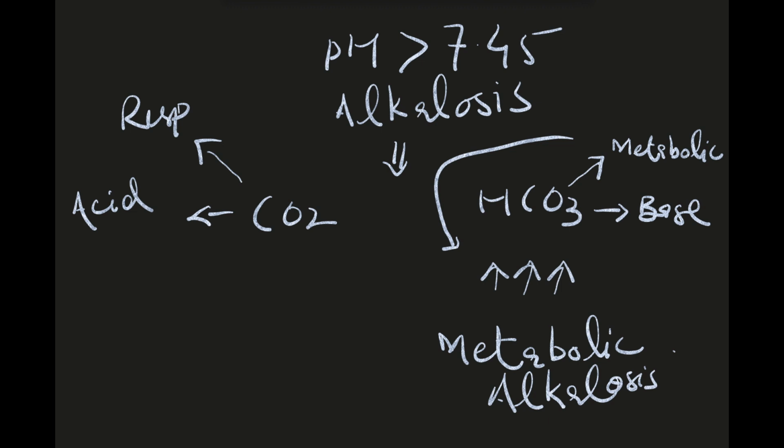So, if it is a metabolic alkalosis, the compensation is going to happen with respiratory acidosis. We know that this CO2 is an acidic component and is the respiratory component of the acid base system. What will happen to CO2 as a result?